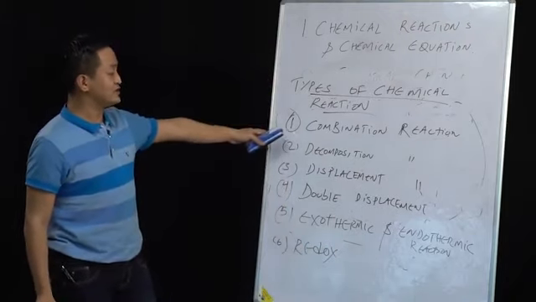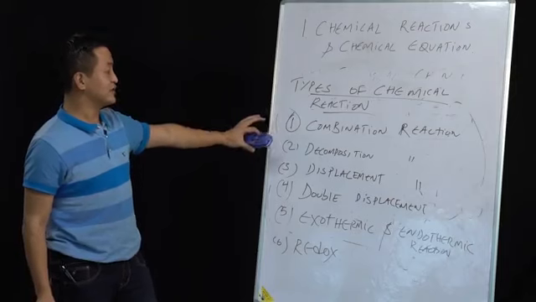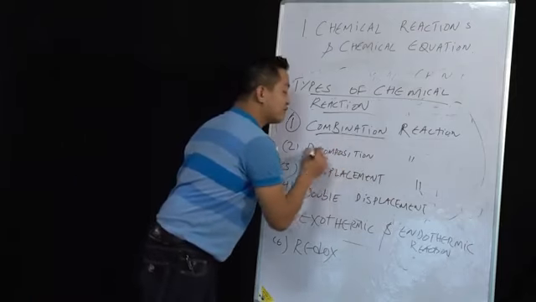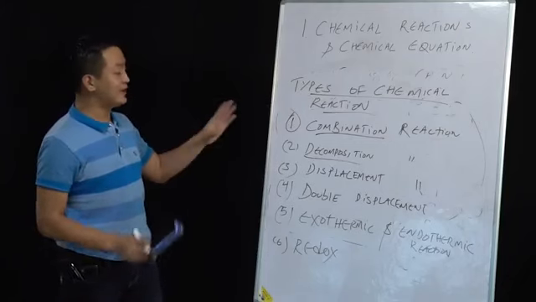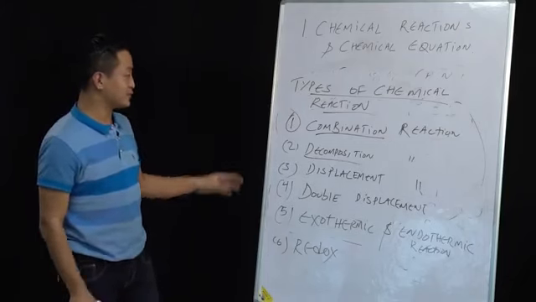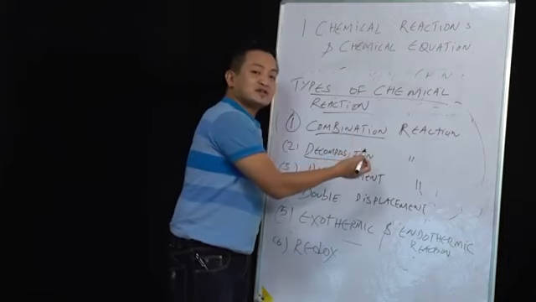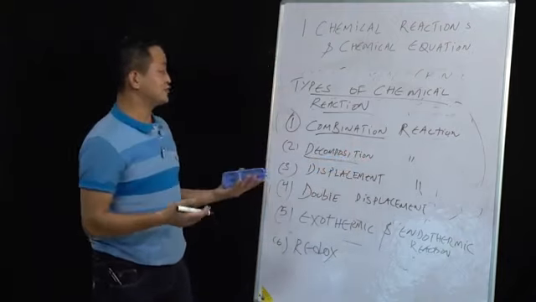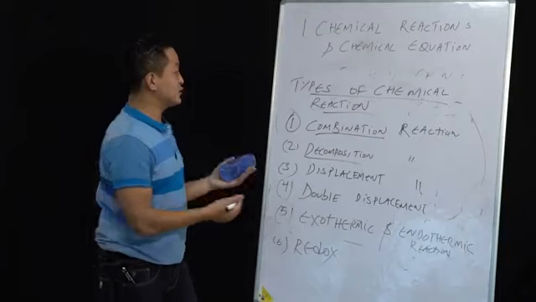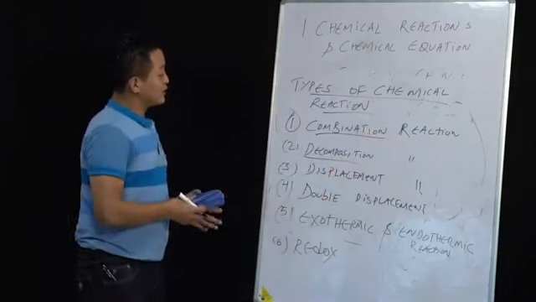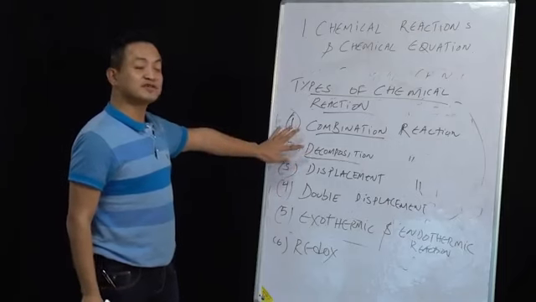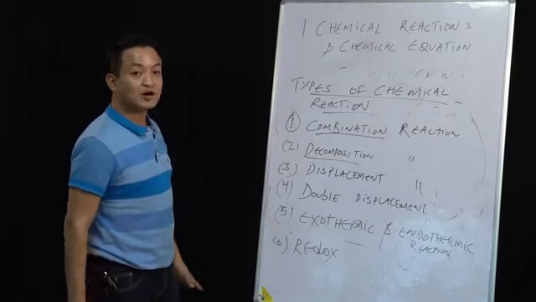So we have a combination reaction, decomposition. The name plays a very important role here. Combination means to combine. That means here elements are going to combine. Decomposition simply means breaking down.